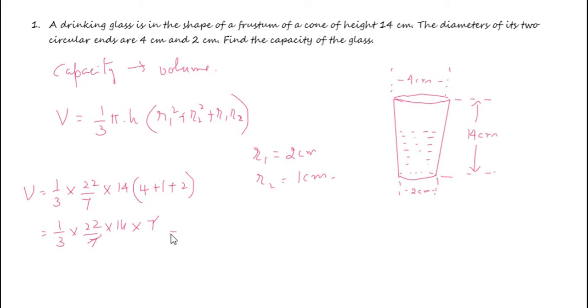Now volume is 22 into 14 divided by 3. 22 into 14, 14 twos are 28, plus 280, that is 308, divided by 3, it's 102 2 by 3. This is the volume, so it is in centimeter cube. This is the volume of this glass.